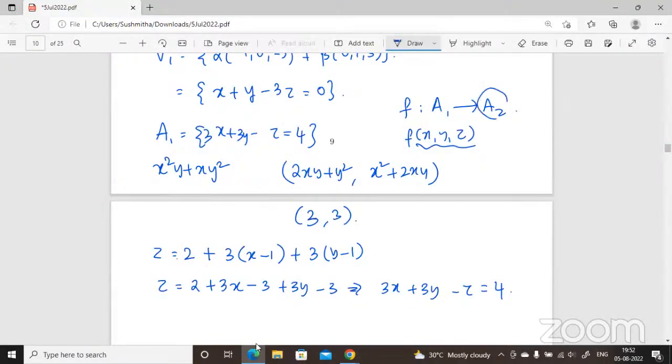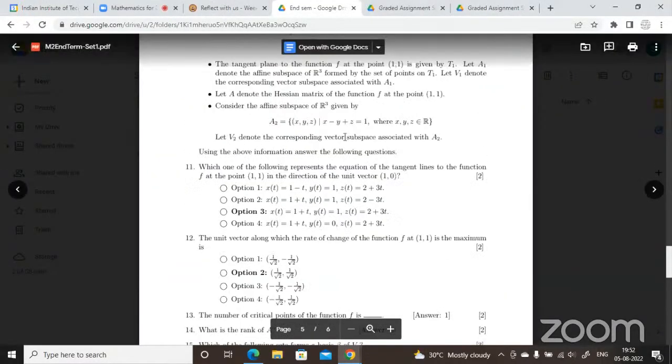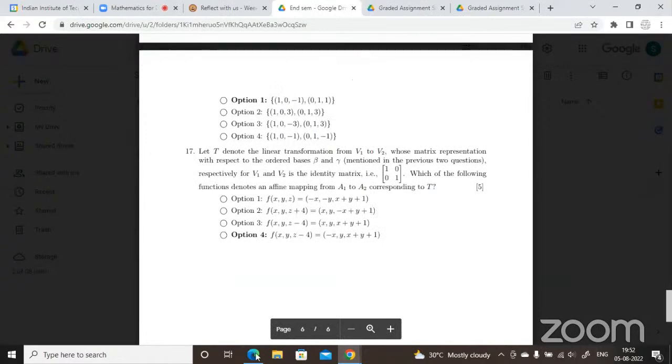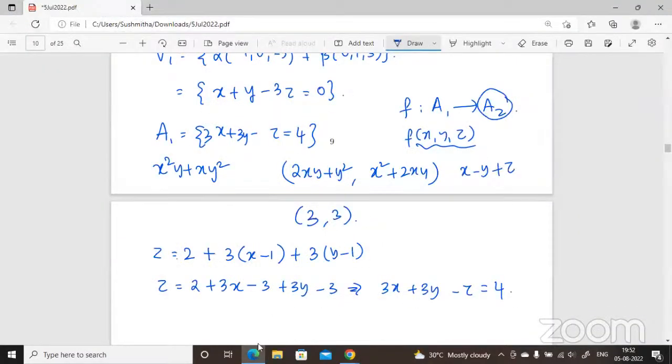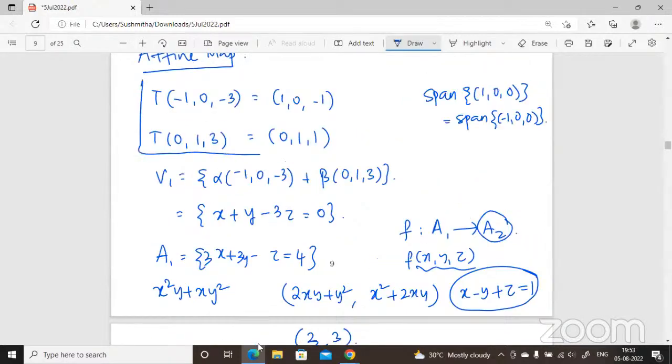So I want points in A2. That is, I want points satisfying that x minus y plus z is equal to 1. Or I think from the linear transformation we will do. So from here, let's find out the linear transformation.